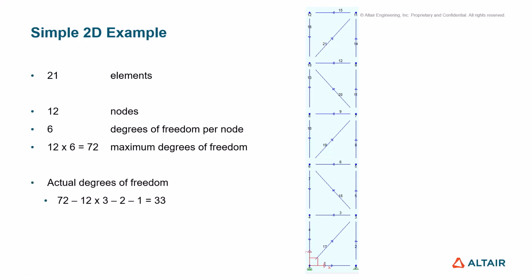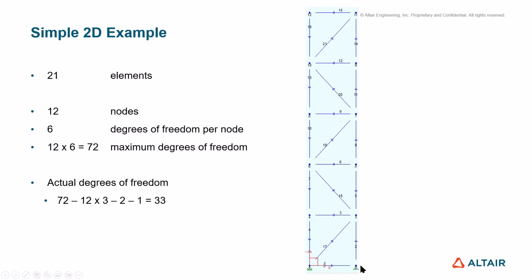So if we do some simple arithmetic here, we started with 72 degrees of freedom. We applied the 2D default constraints, which is 12 nodes times 3 degrees of freedom being constrained at each node. Then we subtract 2, being the 2 constraints at node number 2, or joint number 2.